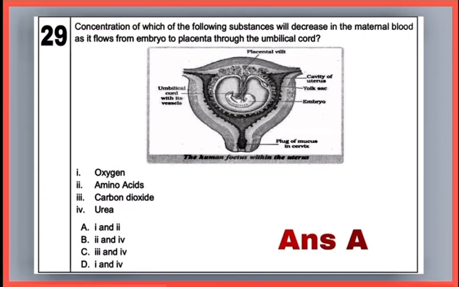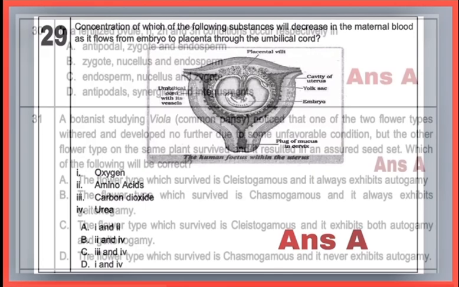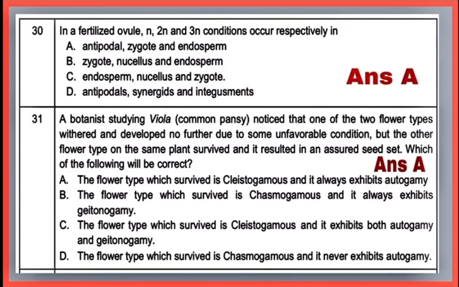Their concentration will decrease in maternal blood as it flows from embryo to placenta through the umbilical cord. Question 30. In a fertilized ovule, N, 2N and 3N conditions occur respectively in option A: N occurs in antipodal, 2N occurs in zygote and 3N occurs in endosperm.